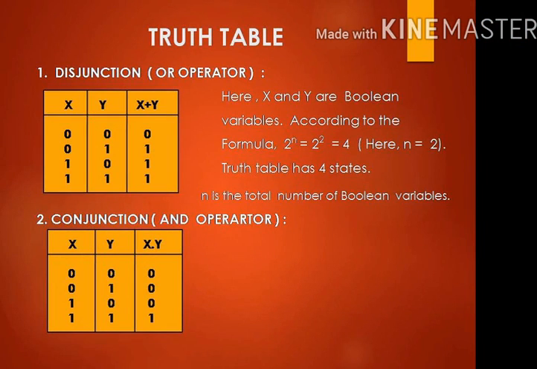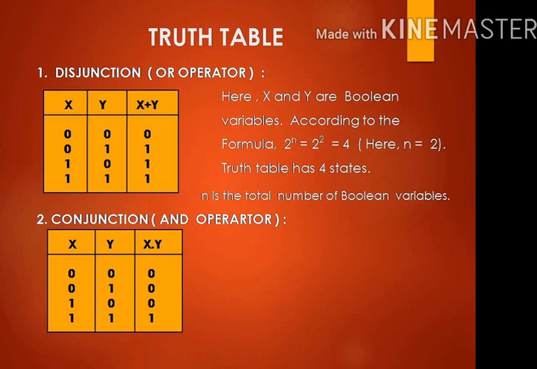Number 1, disjunction operator. Disjunction operator is represented by OR operator. The symbol is plus. X and Y are Boolean variables. Here 2 Boolean variables, so 4 states are available, according to the formula 2 to the power n. Here n is 2, that is x and y.